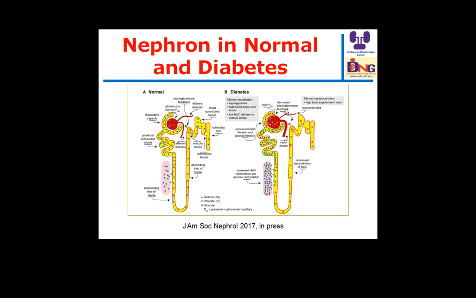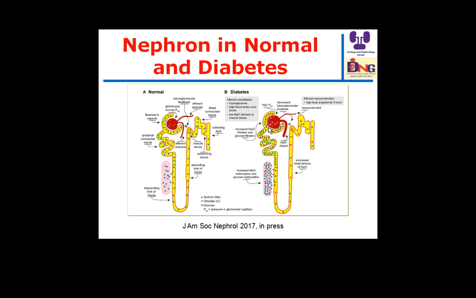So if you compare vessels here with the normal, afferent is dilated, efferent is more and more vasoconstricted. So the pressure within the glomerulus is increased, leading to hyperfiltration and increasing the function of the nephron to work maximally. So one of the problems is increasing sodium and glucose reabsorption within the proximal convoluted tubule.